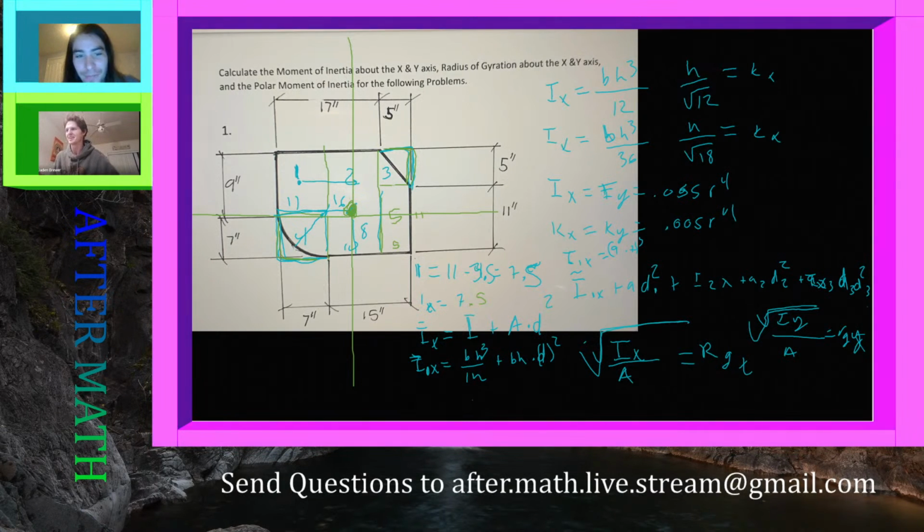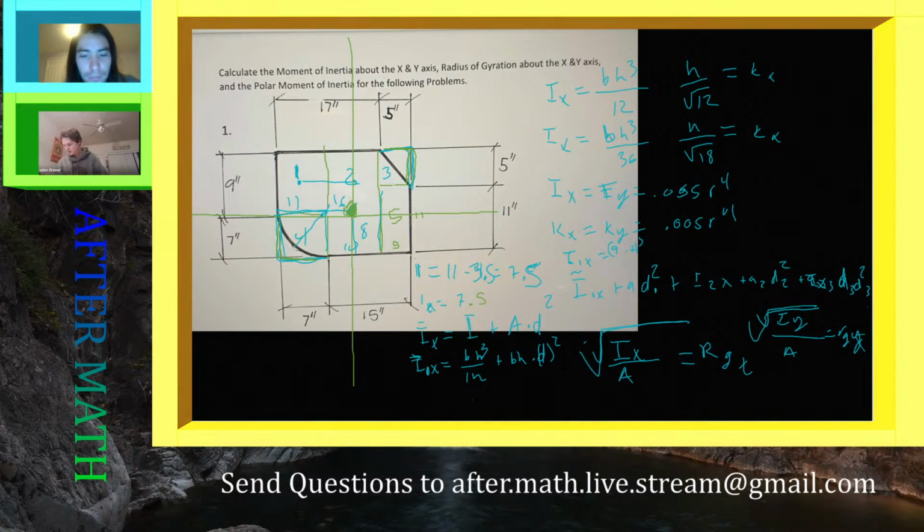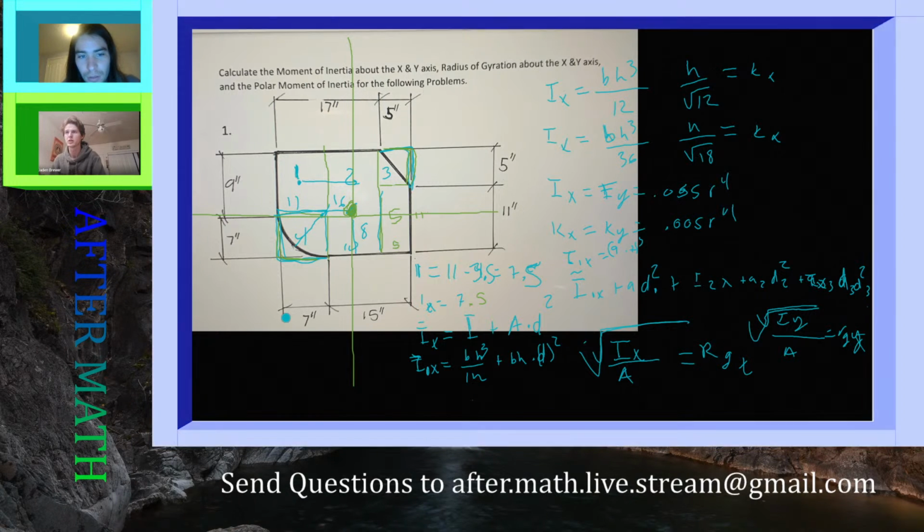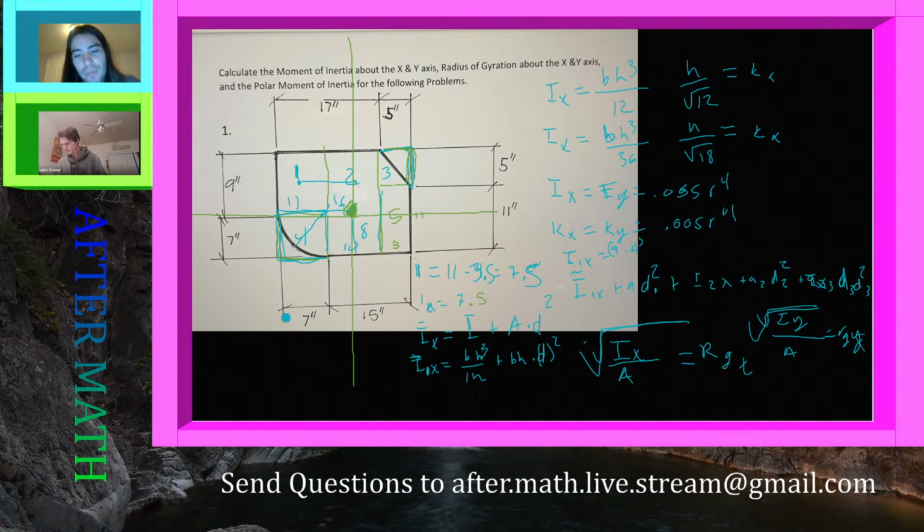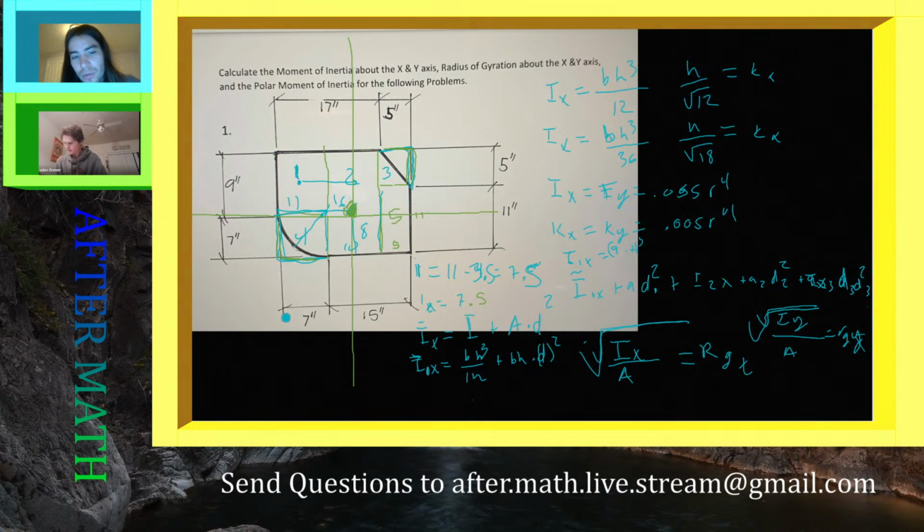So those are our equations for that, and then polar coordinates. To change into polar coordinates, Jaden, do we want to go over that really quick? To change for the polar moment of inertia? Because I'm assuming what that means is we just want to switch from, because these equations are going to give us our Cartesian coordinates, right? It's going to give us an x and a y value.